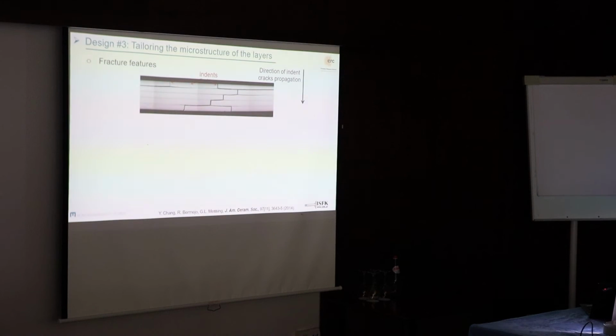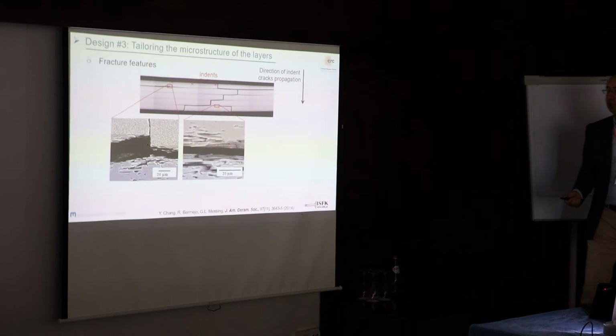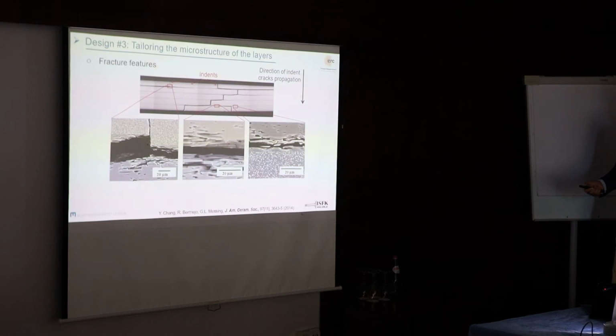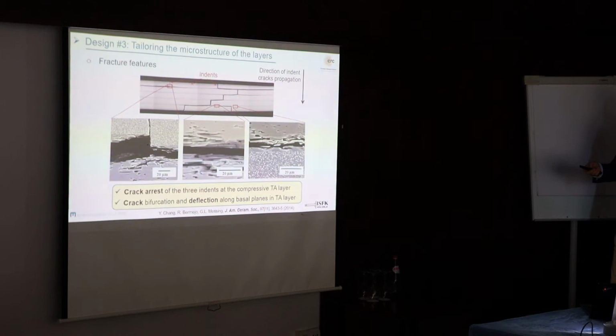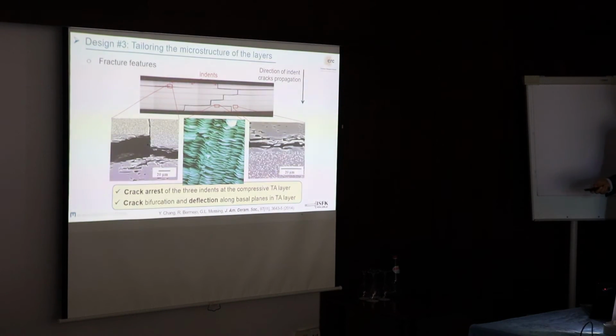If we analyze the fracture of these multilayers combining residual stresses and platelets in some of the layers, we can get this kind of nacre-like fracture where the fracture resistance is significantly increased.